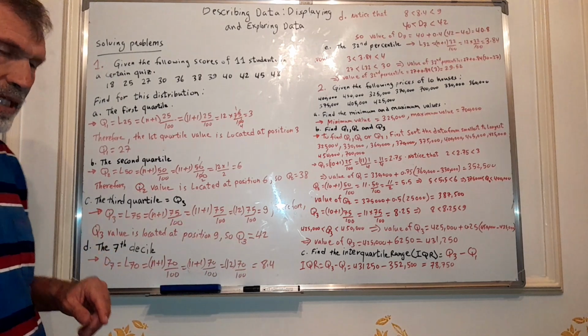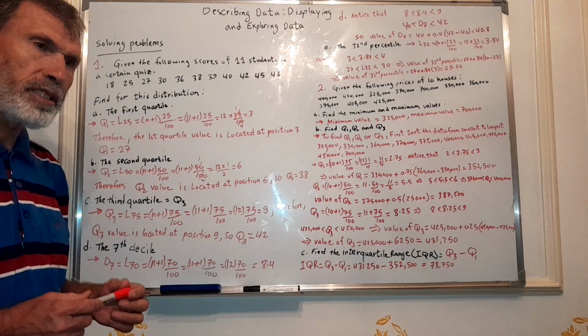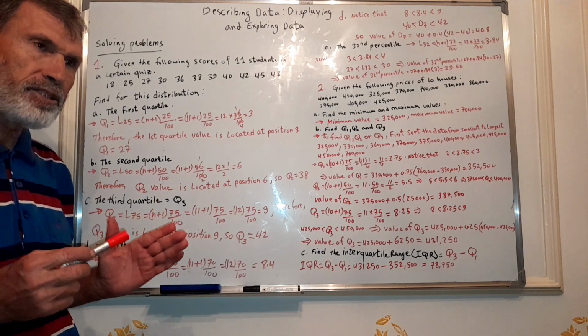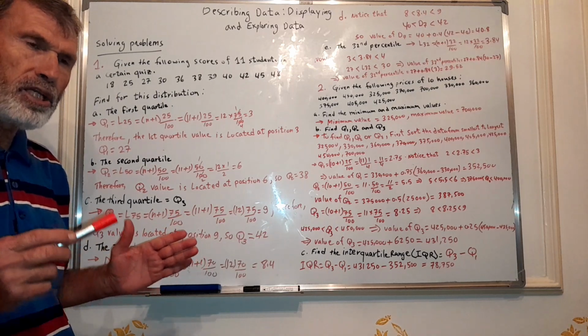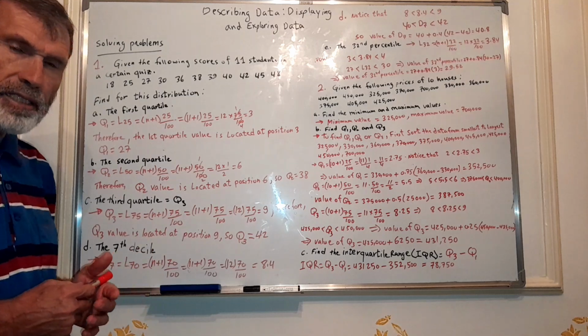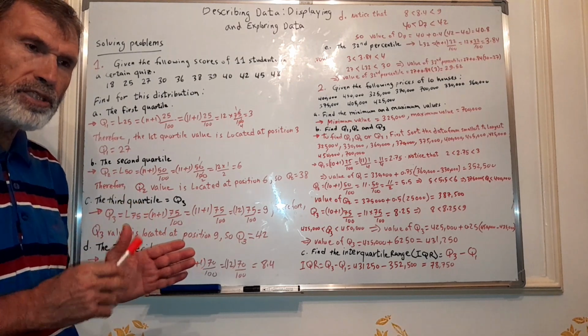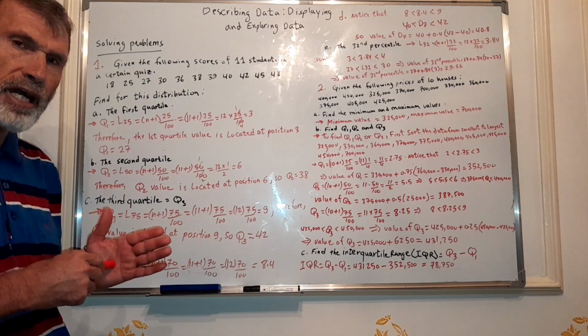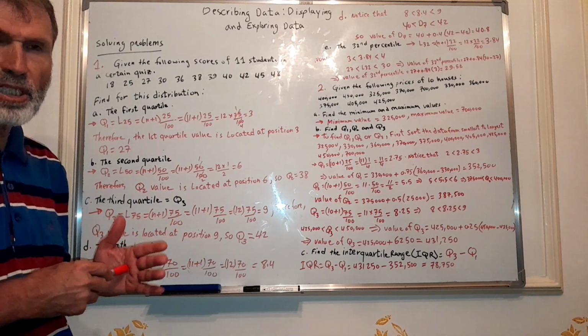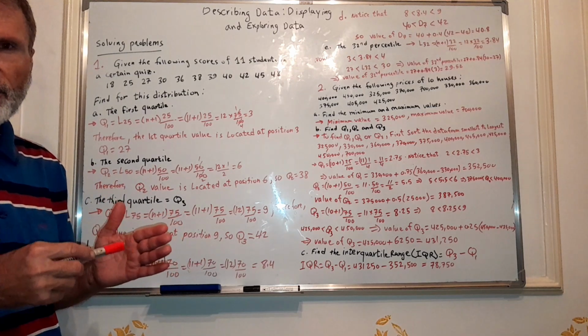Now, the 7th decile. Deciles divide a set of data into 10 equal parts. So the 7th decile is 7 times 10, 70. So the 7th decile is the same as L70.